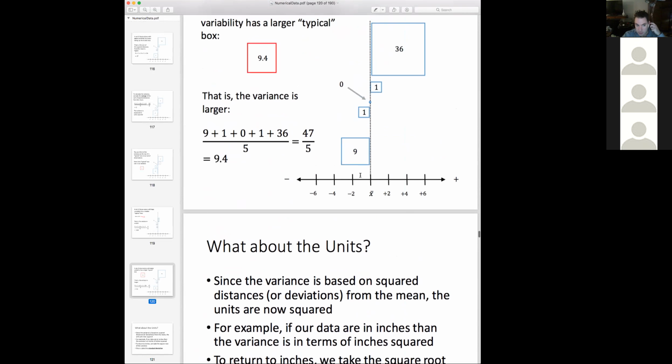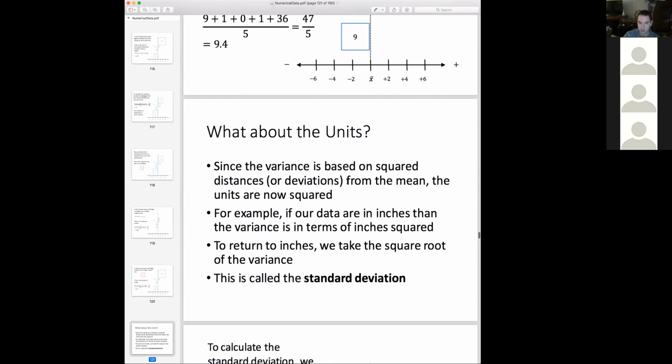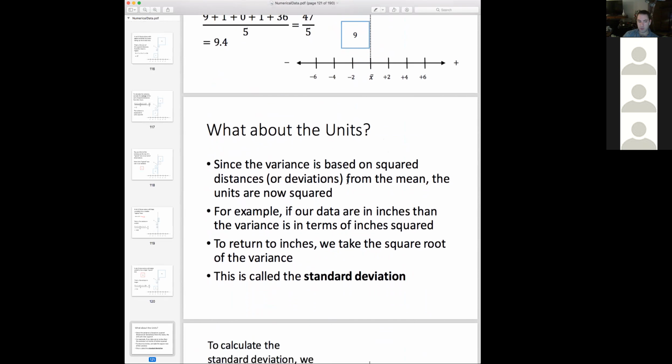Because variance is in squared units, we don't typically talk about variance that much in collective statistics. We typically talk about standard deviation. The reason for that is because standard deviation is the square root of the variance.